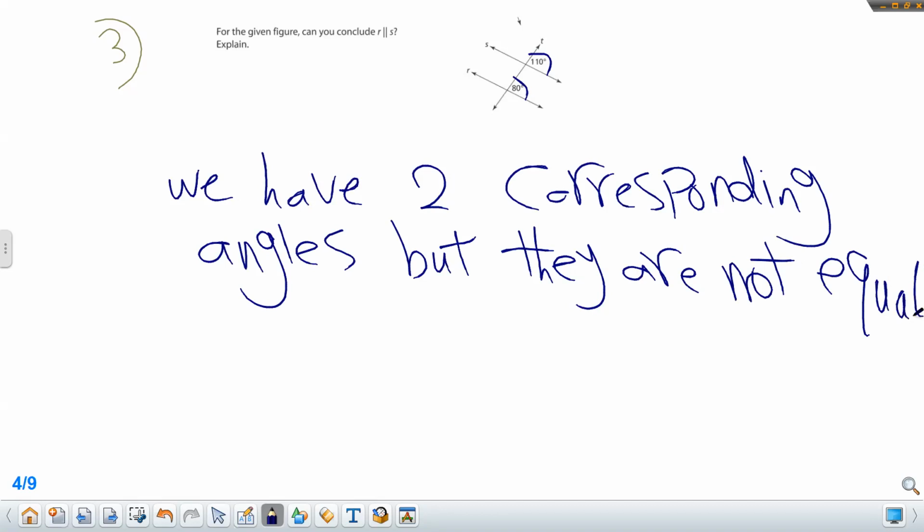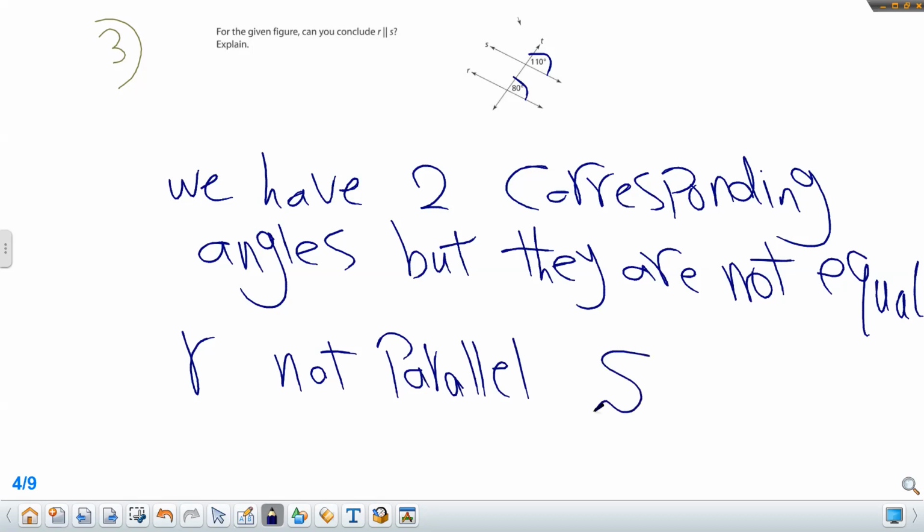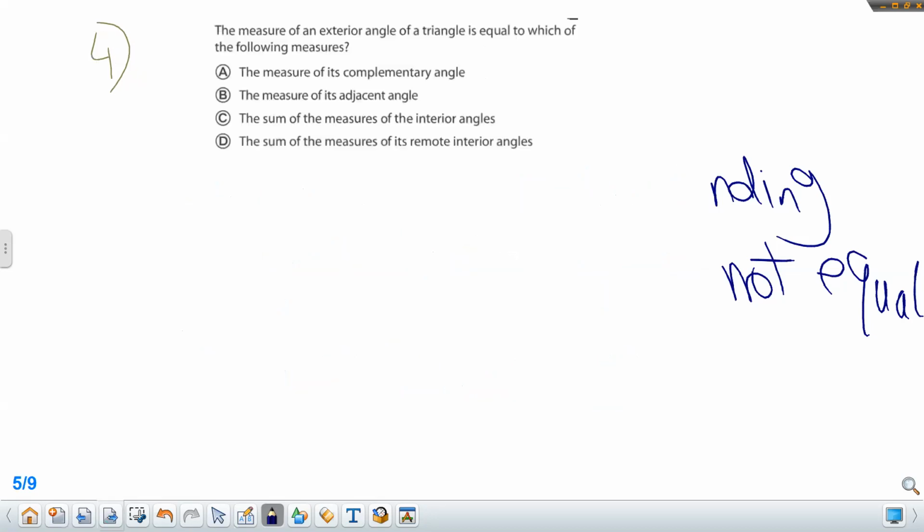So we can prove that R is not parallel to S. Okay, so if two angles are corresponding and equal in measure, we can say the two lines are parallel. But here we can say R is not parallel to S. Okay. Next one.